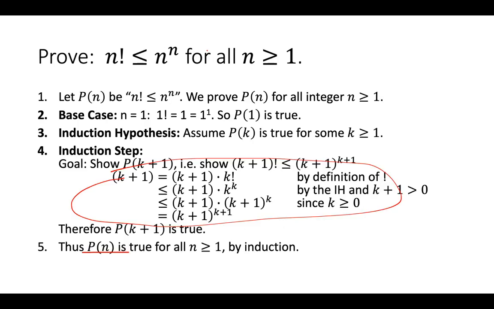So here is an example. We have factorial and exponentiation. So how to compare? Factorial is a kind of recursive function. So n factorial is n multiplied by n minus 1 factorial.